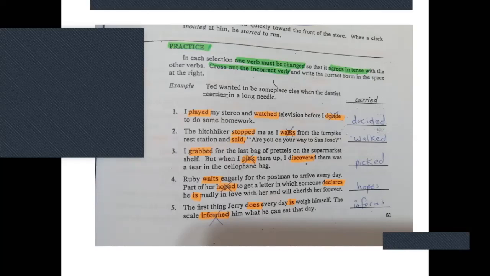So the hitchhiker stopped me as I walks from the turnpike rest station and said, "Are you on your way to St. John's?" So he stopped me and he said, so I'm narrating something from the past. Why suddenly say I walks or I walk in the simple present? So when I narrate things in the past, stick to the past tense. So I cross walks and I make it walked.